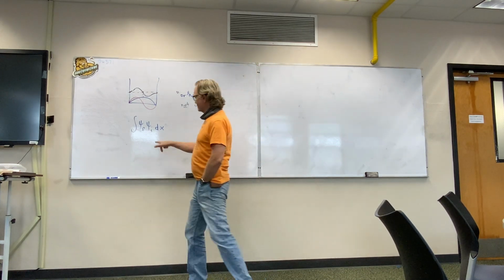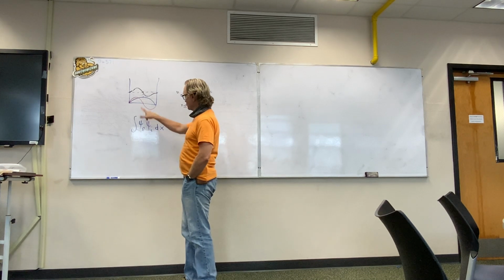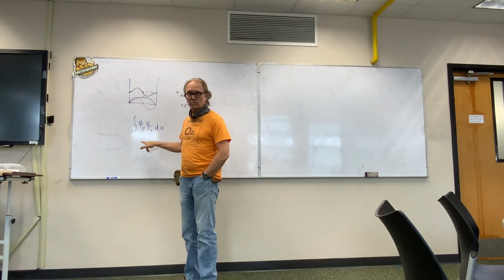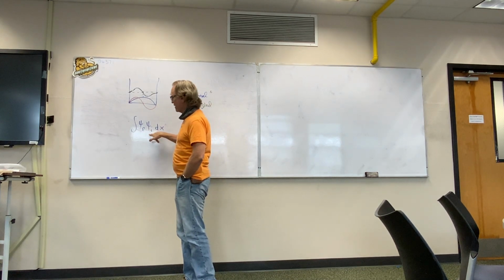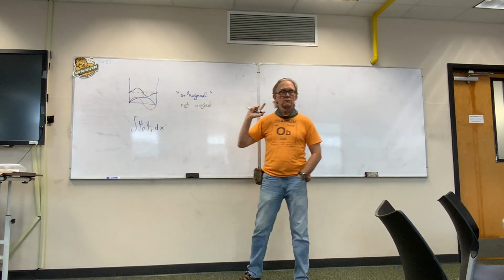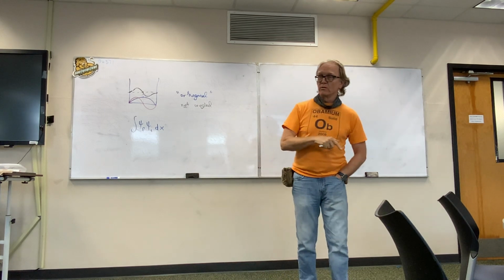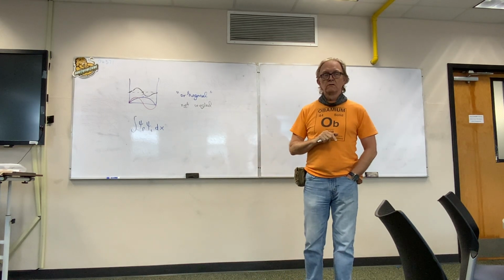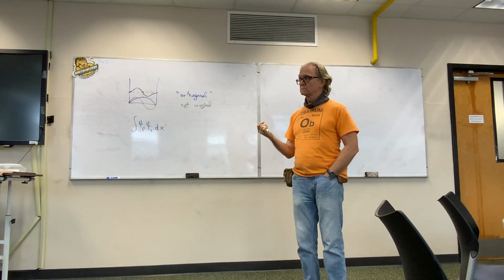What that does is it changes this state. It shifts it, makes it a different function. You operate on it, it becomes a different function, and when you do that, maybe now the integral's not 0. And if the integral's not 0, then you can make a transition. That's called coupling.